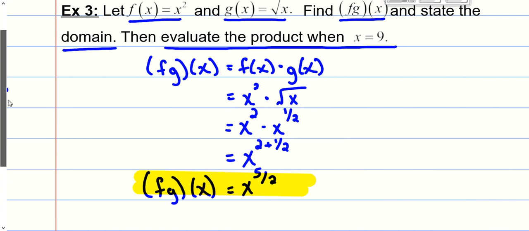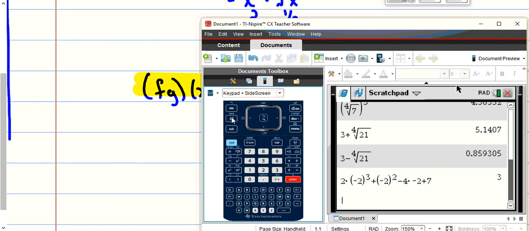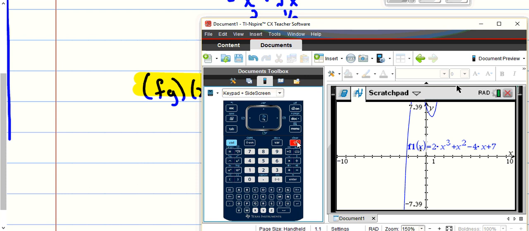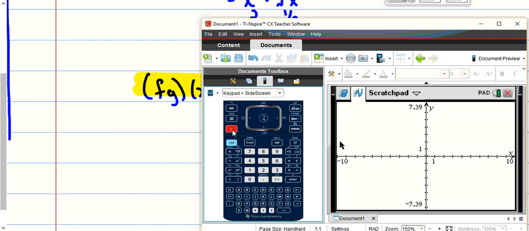So now we need to go and get the domain for that. Let's go back to our graph, delete what is there, press tab, and we have x, if it'll work for me, there we go, x raised to the 5 divided by 2, enter, and there's our function.